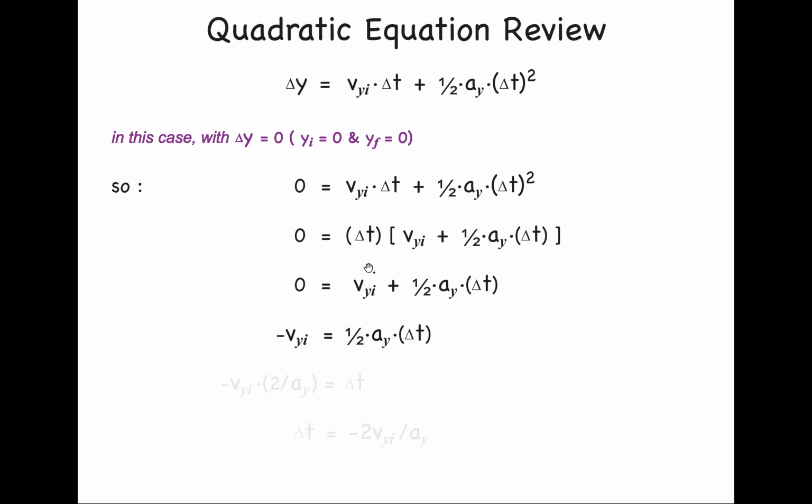So now I can solve for t by bringing the initial velocity over to this side, taking this prefactor of ay over 2 and dividing it on both sides, and I'm left with delta t is equal to 2 vy over a with a minus sign.